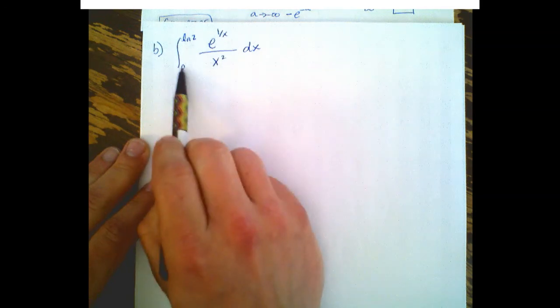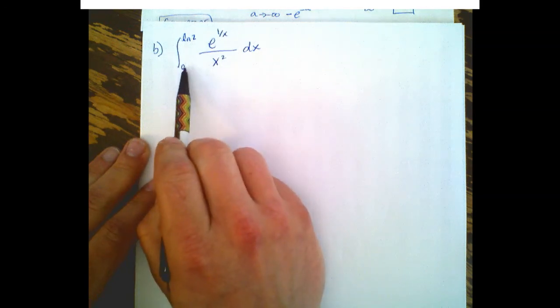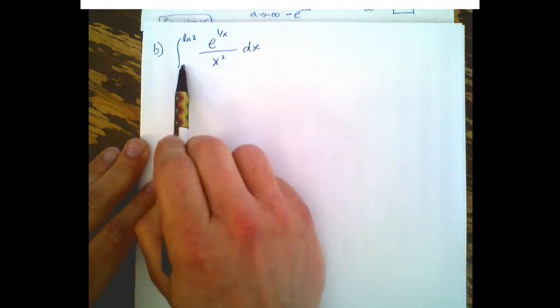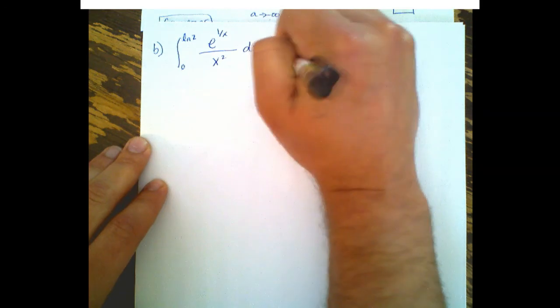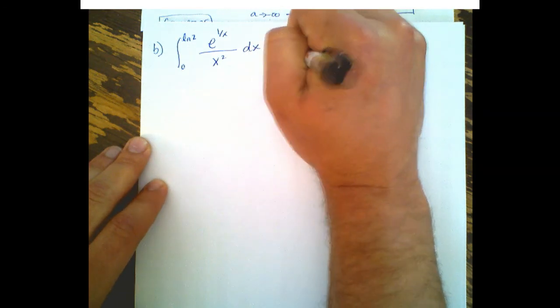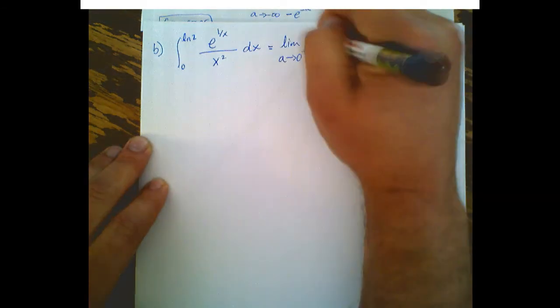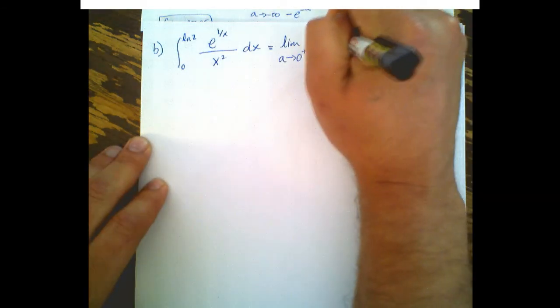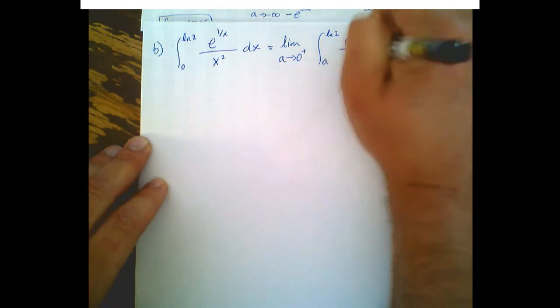There's a discontinuity at 0. So let's write it as a limit. This will be the limit as a goes to 0 from the right, of the integral from a to the natural log of 2 of e to the 1 over x squared dx.